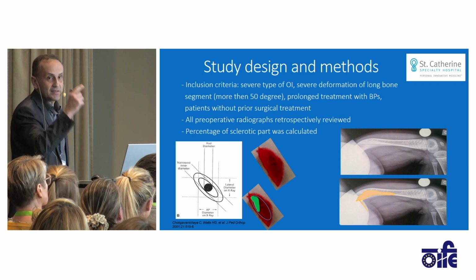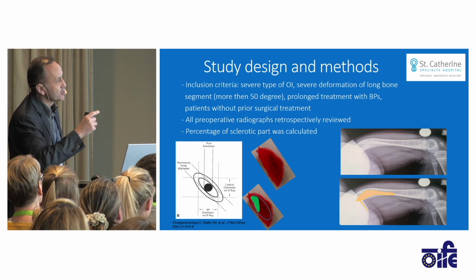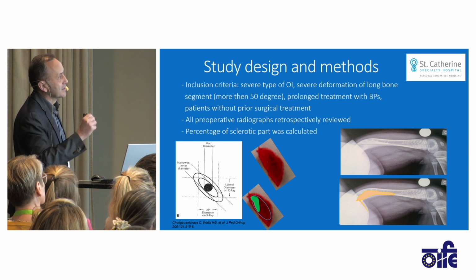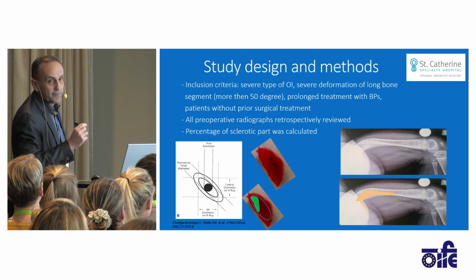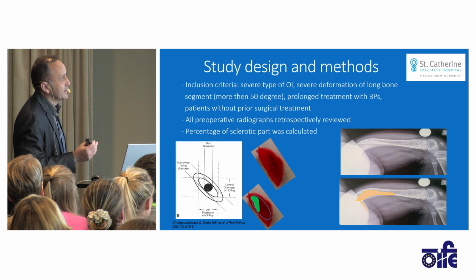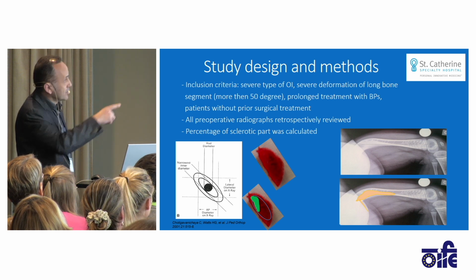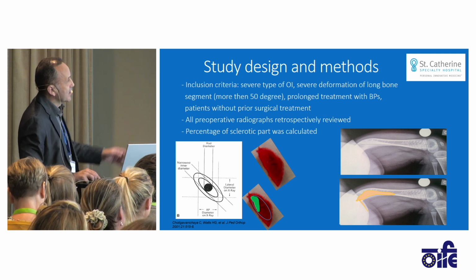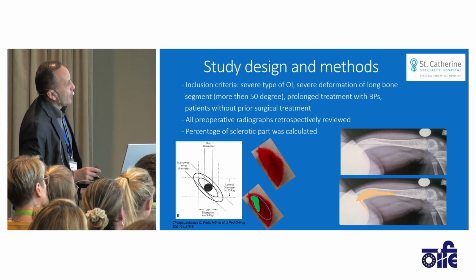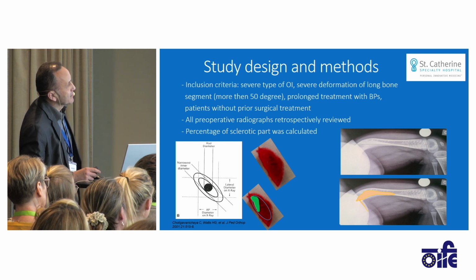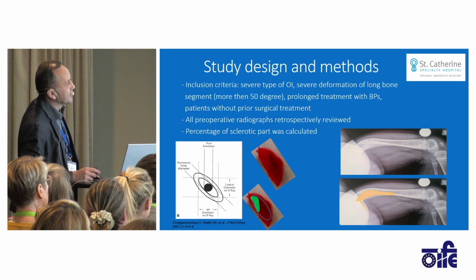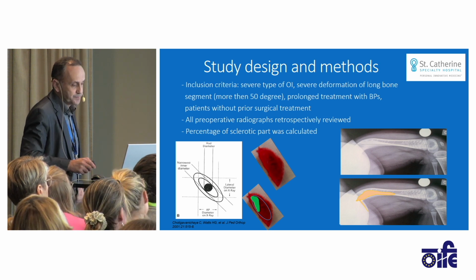That means that in this region, inside the bone, in the intramedullary canal, is hard sclerotic bone. In normal bone, this part is filled with soft spongious bone. On the left side of the slide, you can see a cross section, and approximately 30 or maybe 40 degrees of the diameter is filled with sclerotic bone.